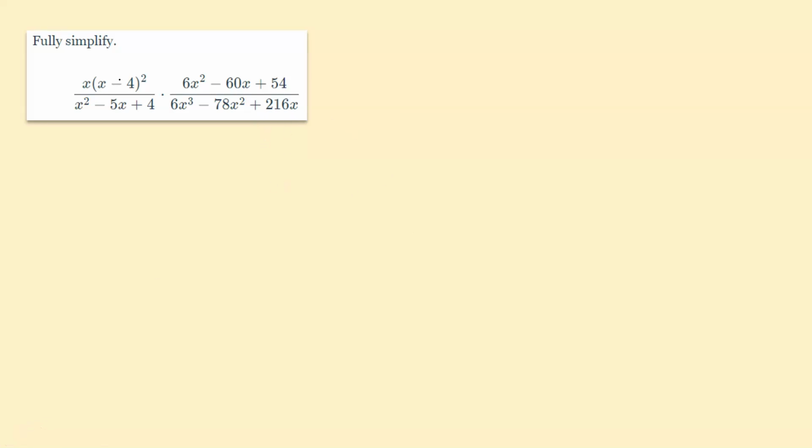So for this first fraction, we have x, and then this x minus 4 squared, I'm going to separate to x minus 4 multiplied by x minus 4. That'll just make it easier for us to see what we can cancel rather than leaving it as x minus 4 squared.